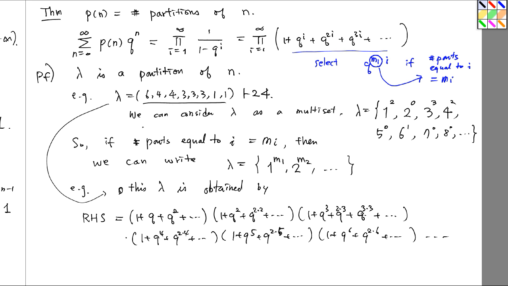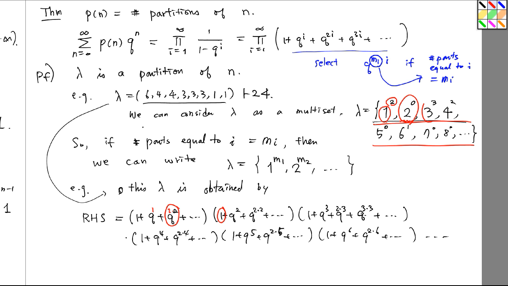And this can be obtained by looking at this: because there are two ones, here we select 2 times 1, so we select this term in the first factor. Then there is nothing for 2, so we select the constant term in the second factor.